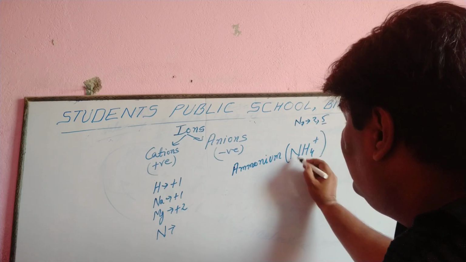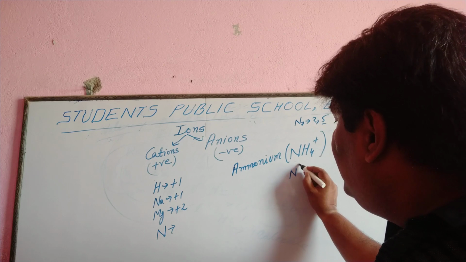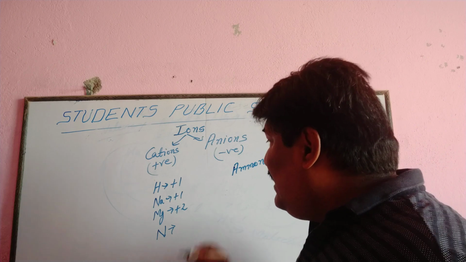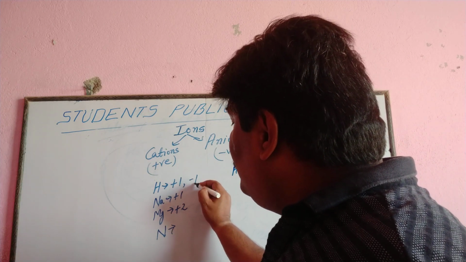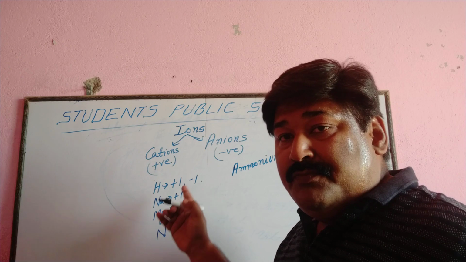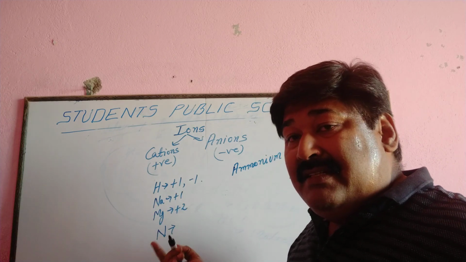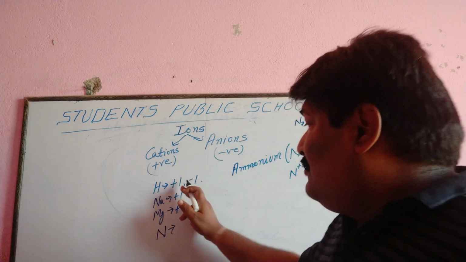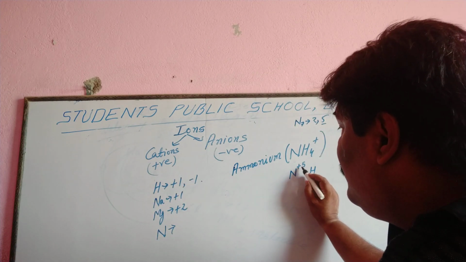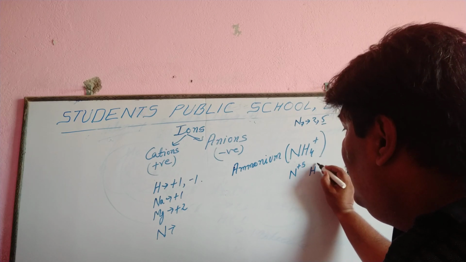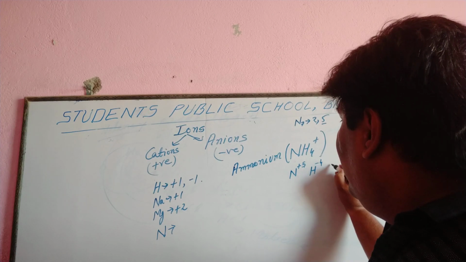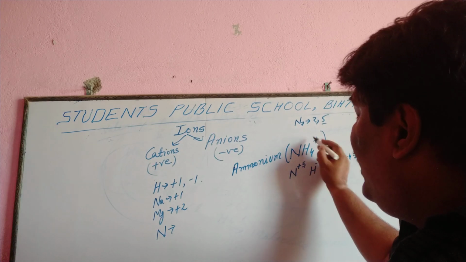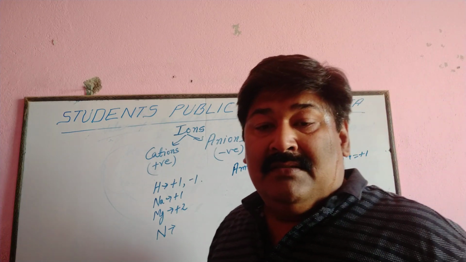So here nitrogen will have +5 charge. And what about hydrogen? -1 charge. Hydrogen has +1 as well as -1 charge. Remember this, very important point. Nitrogen can share, it can become positive ion as well as negative ion also. So plus 1, minus 1. Now see, nitrogen plus 5, hydrogen 4, so minus 4, plus 5 minus 4, that is equal to plus 1. So ammonium has plus 1 charge.